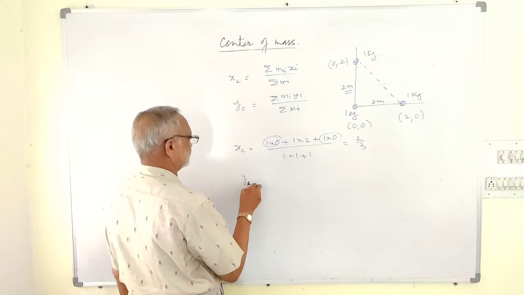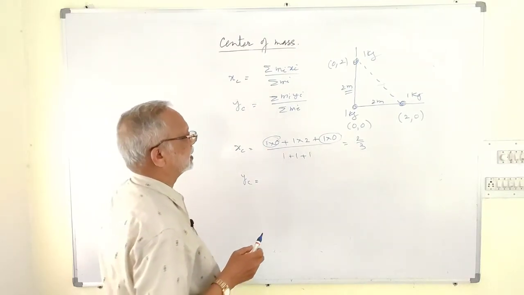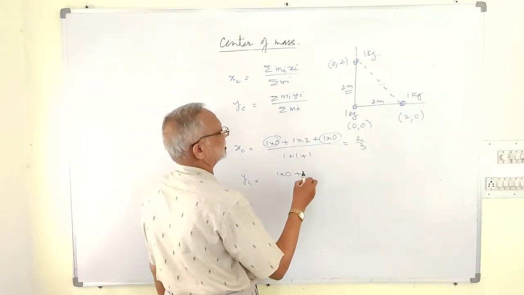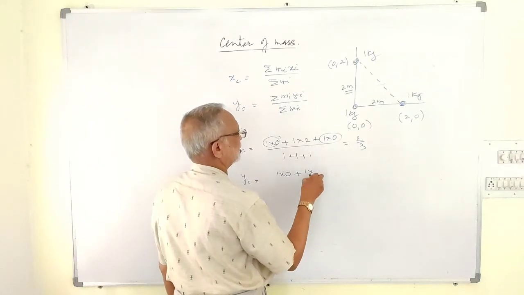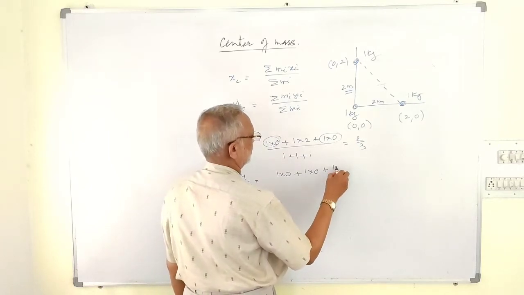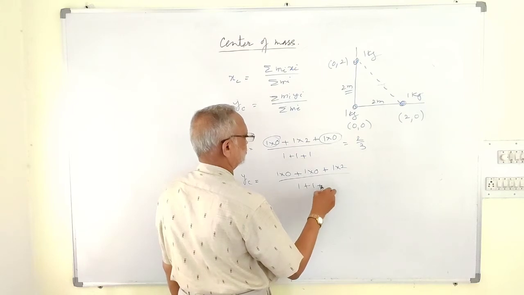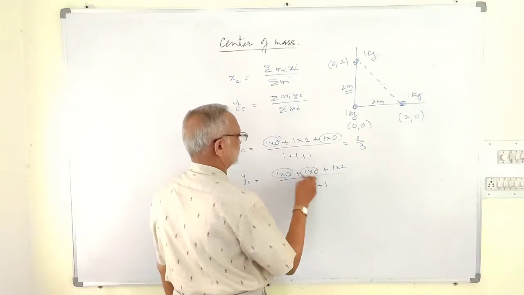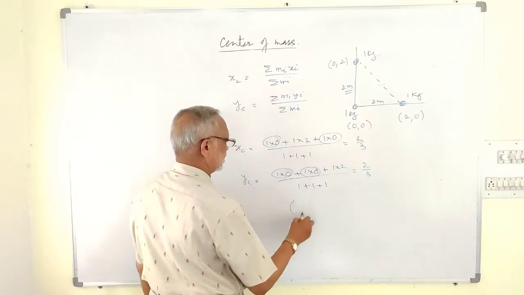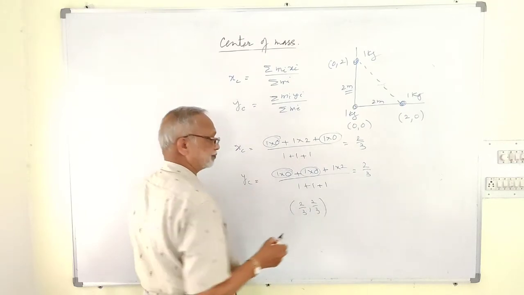Let us find yc. yc is equal to sigma mi yi by sigma mi. m1 y1, 1 into 0 plus m2 y2, 1 into 0 plus m3 y3, 1 into 2 divided by m1 plus m2 plus m3. This is 0, this is 0, so this is also 2 by 3. So the coordinates of the center of mass are 2 by 3 comma 2 by 3.